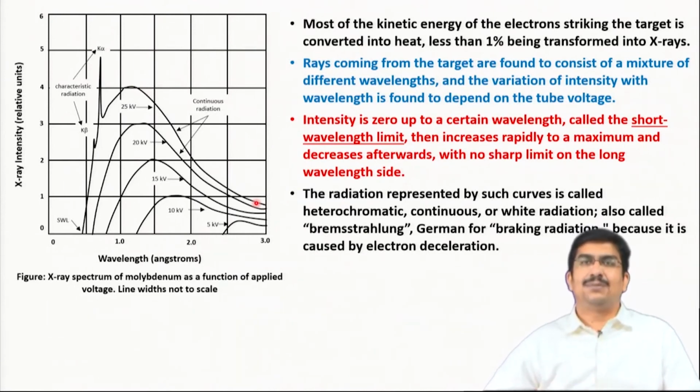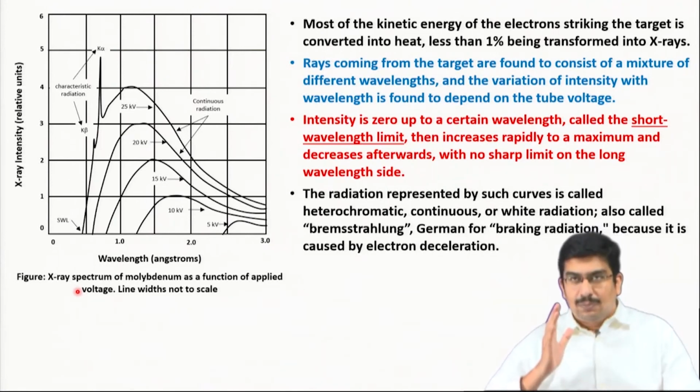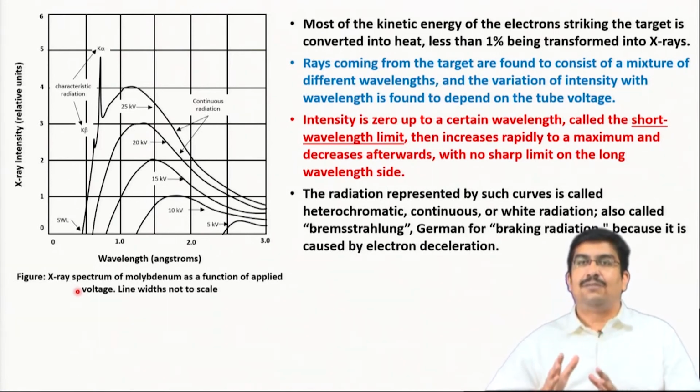If you find terms like white radiation or continuous spectrum, they are used interchangeably, and their characteristic is a mixture of wavelengths. So, they are not one particular wavelength. The white or continuous radiation has all possible wavelengths, with different intensities. The intensity will vary with the wavelength as well.